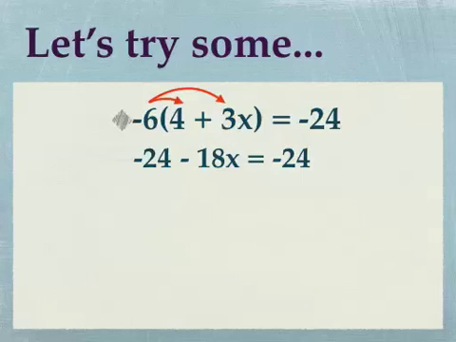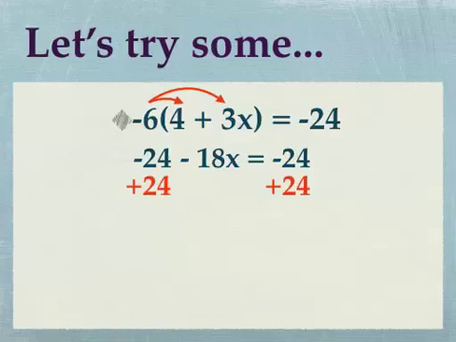Again, I have a two-step equation to solve. The first thing that I need to get rid of is the negative 24 on the left side. That's what's being added or subtracted to my variable x. The opposite of a negative 24 would be a positive 24, or add 24 to both sides.